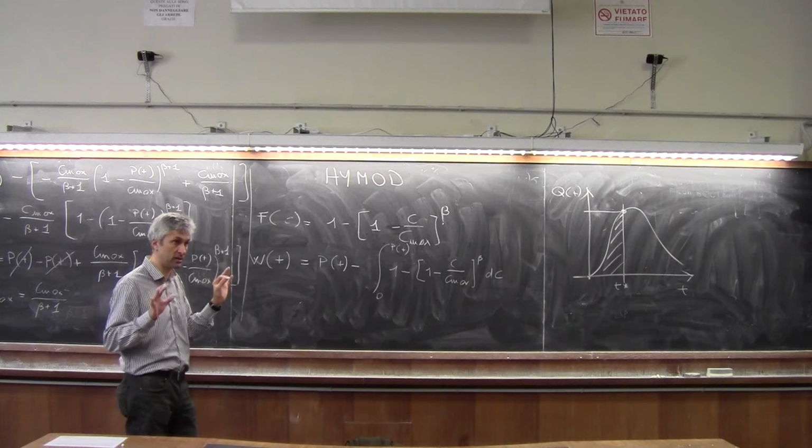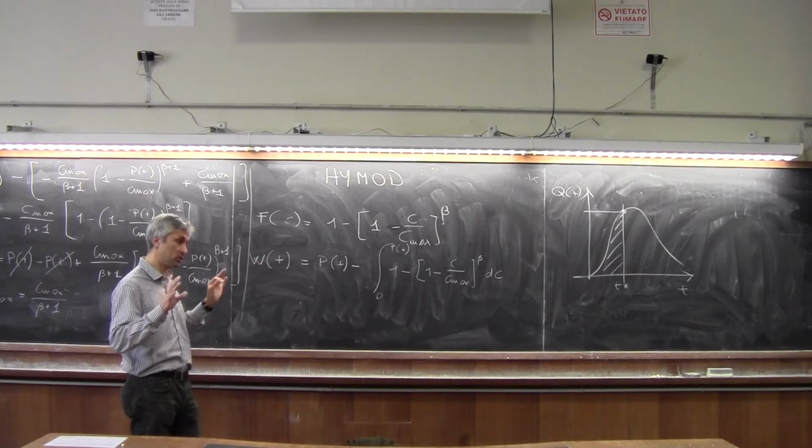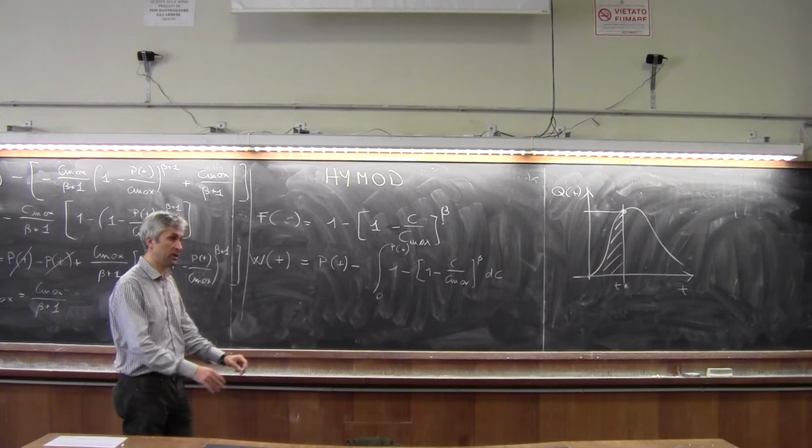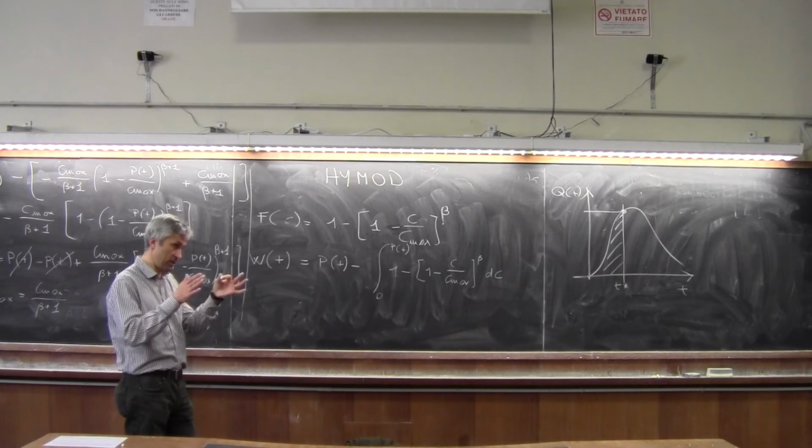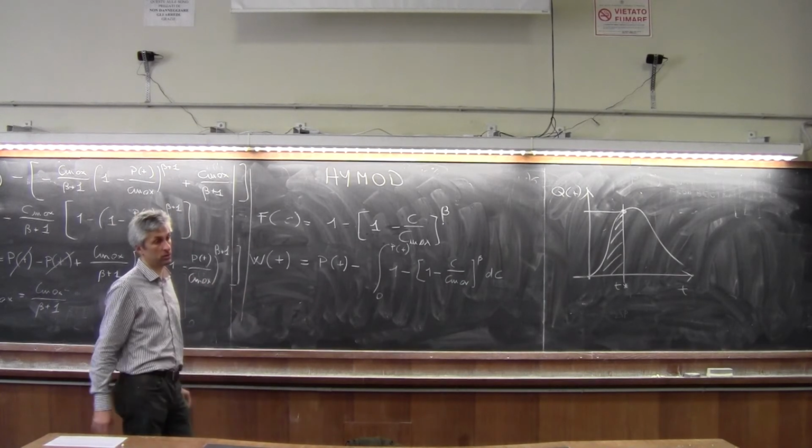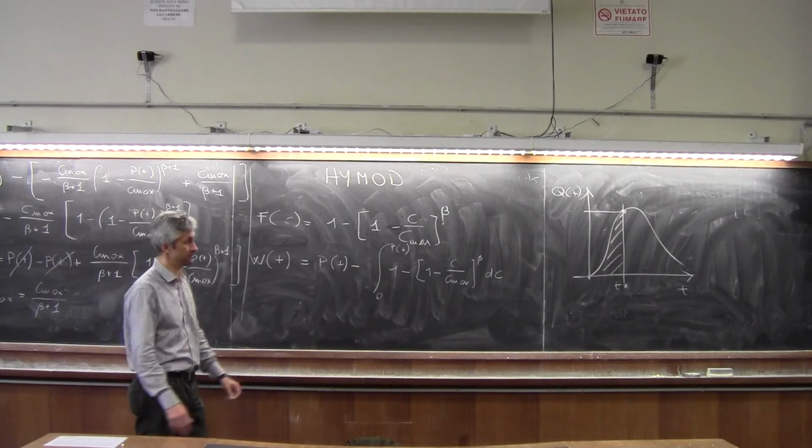It's a different story. It's like rainfall. I wanted to reserve Q for the instantaneous river flow, or river flow at a given time step.